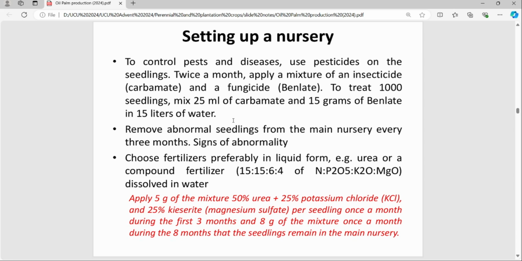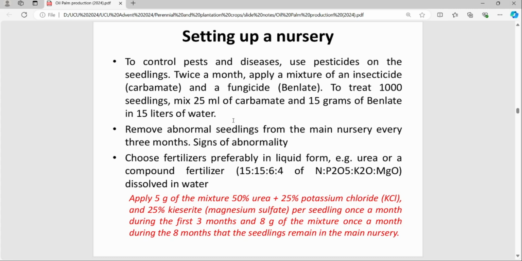So using benlets together with carbamates would be a good combination to help you fight the notorious nursery pests and diseases. Then also remove abnormal seedlings from the main nursery every 3 months, and also apply fertilizers to ensure that the vigor of the plant is maintained.